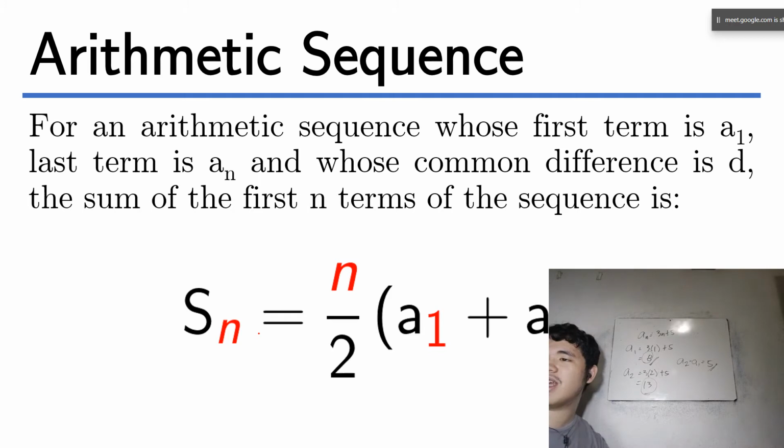Then, in other words, ito, other formula of getting it. Kopyahin nyo na to. Sum of terms equals the number of terms divided by 2 times a sub 1 plus a sub n. Ayan, kopyahin nyo na yan.